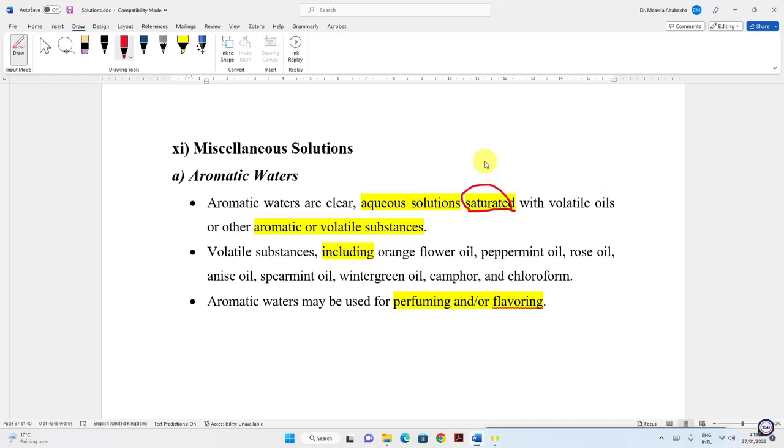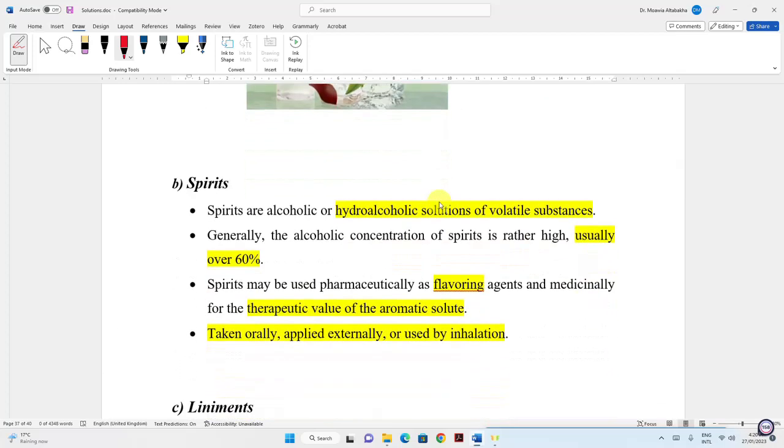But we try to dissolve as much as possible. These aromatic materials include orange flower oil, peppermint oil, spearmint oil, wintergreen oil, camphor, chloroform. These will give nice smells, and these waters can be used as vehicles for perfuming and flavoring. Similar preparation, but there are some differences.